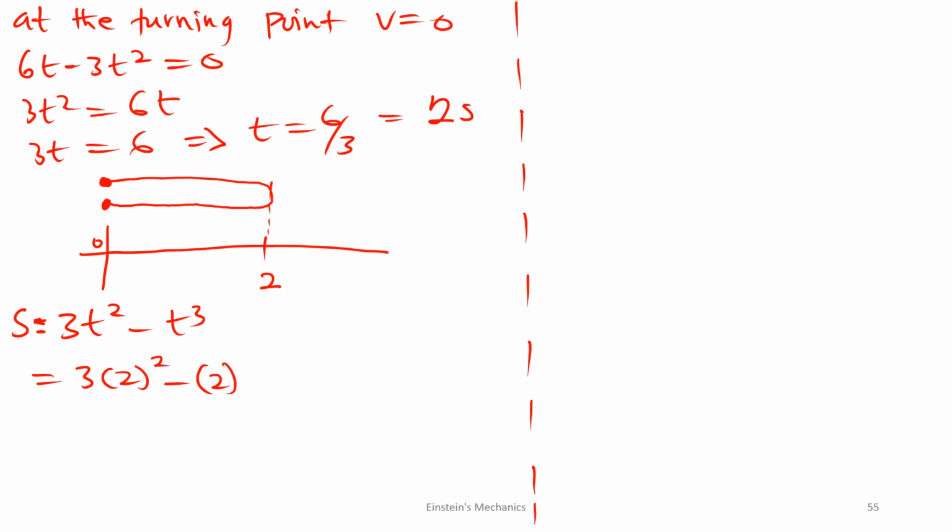That is going to be 4. So at 2, it has traveled 4 meters, 4 meters this way. Very good. It has traveled 4 meters.